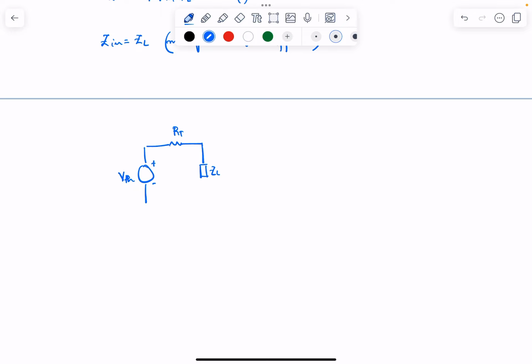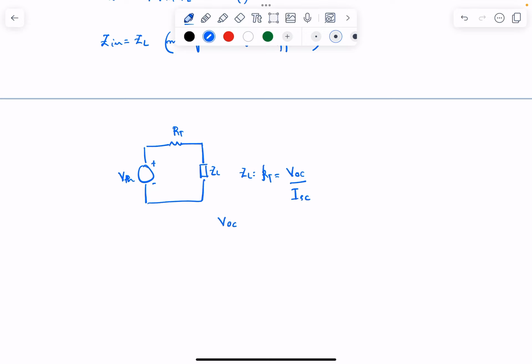So when maximum power is transferred, ZL becomes equal to RT, which is the Thevenin's resistance. And Thevenin's resistance is given by open circuit voltage divided by short circuit current.